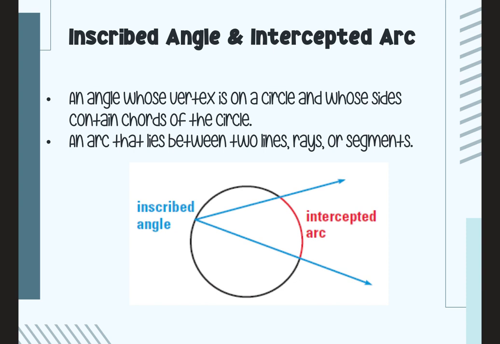The sides are chords of the circle. And the arc that lies between those two chords, two lines, two rays, two segments, they could be any of those things, is called the intercepted arc. So now we're talking inscribed angle instead of central, and intercepted arc.